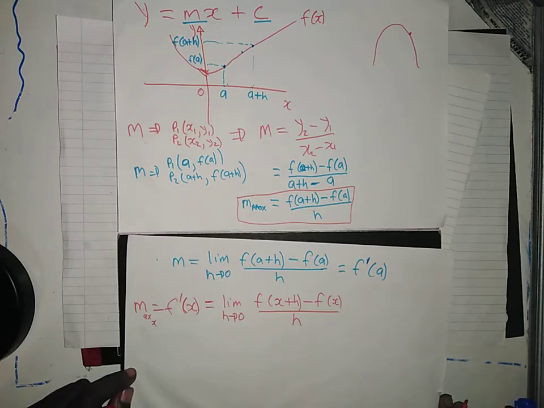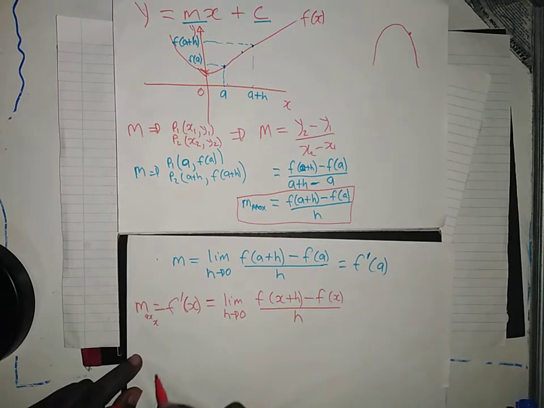Let me repeat this one. A derivative is nothing more than a gradient of a function at point x. So a derivative and a gradient is literally the same thing.